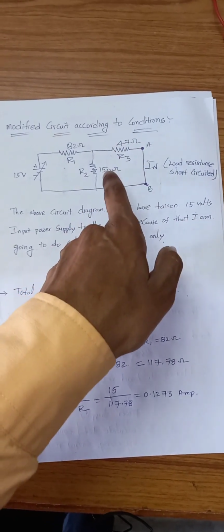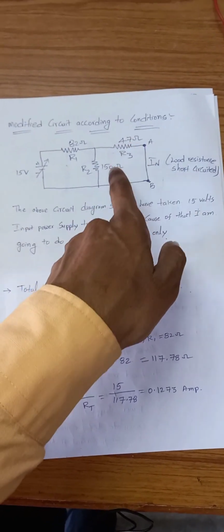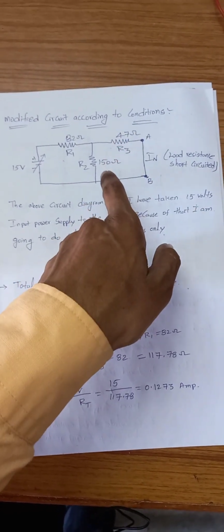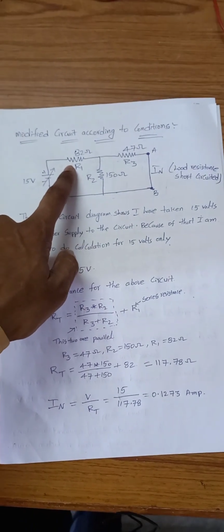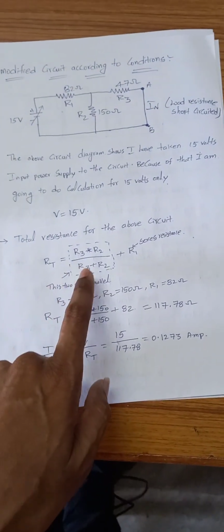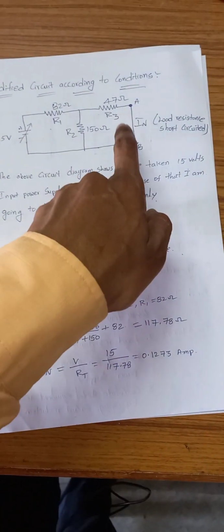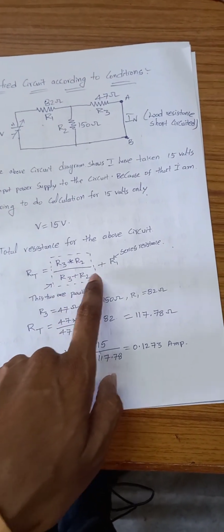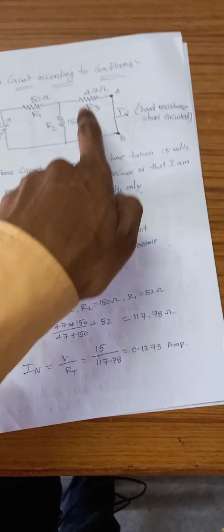So these two resistances are parallel resistances. These parallel resistances are in series with this R1 resistance. That one only I have written here as the formula, R3 into R2 by R3 plus R2, because these two are parallel.